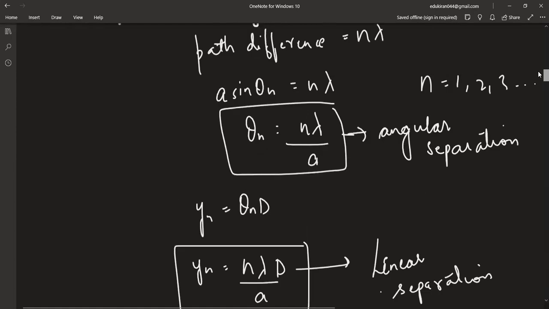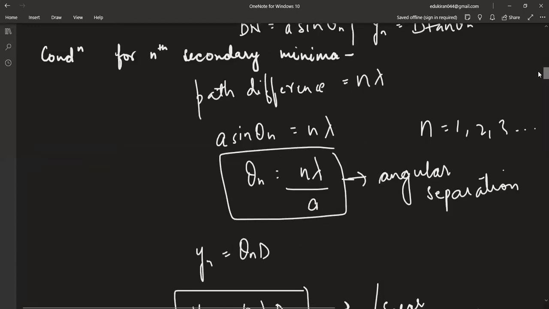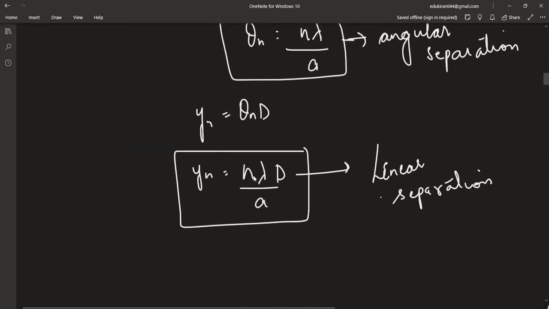For the slit width, we'll be using y is equal to theta times D. Also, a sine theta is equal to n lambda. So from here, sine theta is equal to n lambda by a, right? So y n is equal to n lambda D by a.